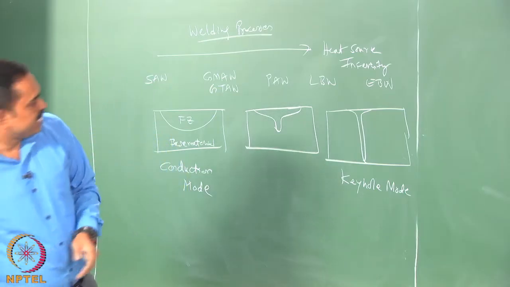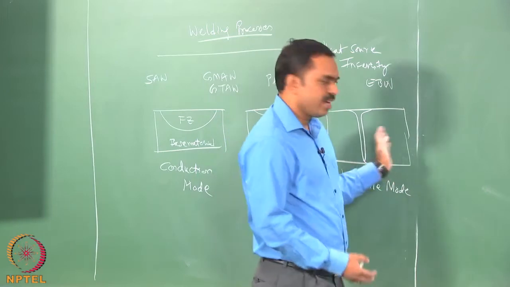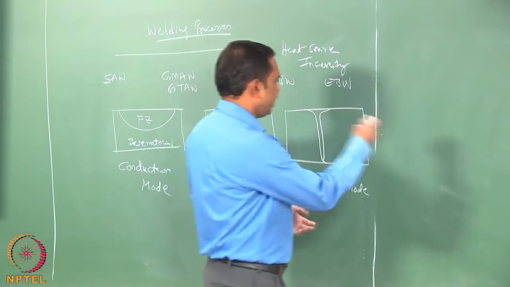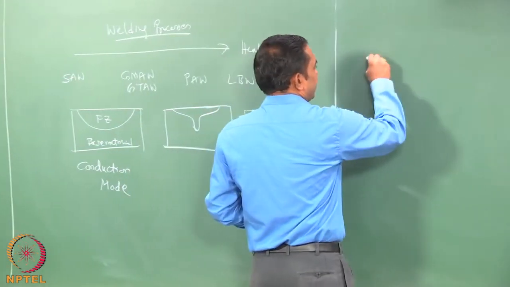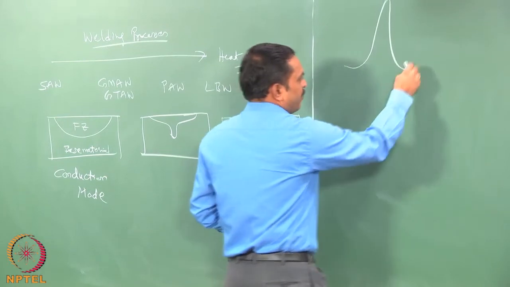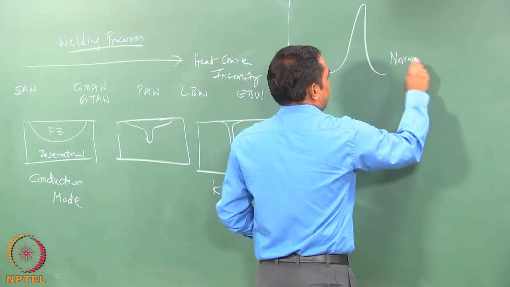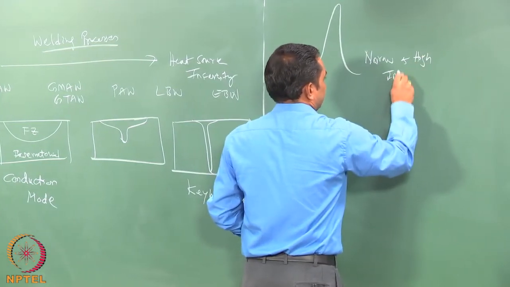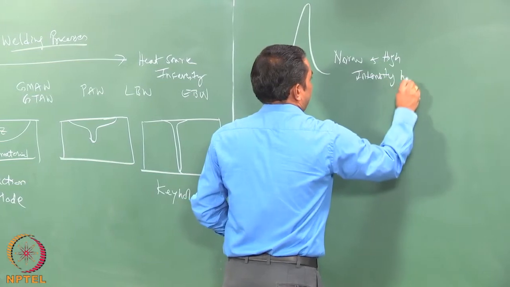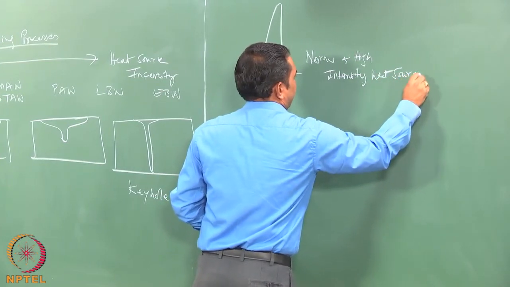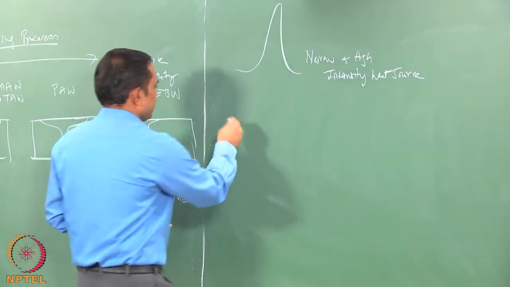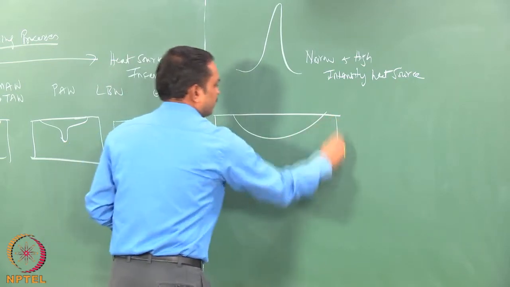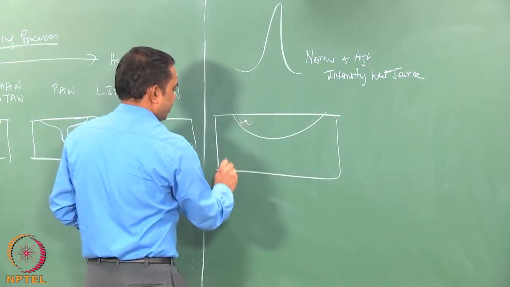So, what is the reason why this happens? That is basically a process by which, step by step, you arrive at the keyhole, and the sequence is as follows. Under a narrow, high intensity heat source, you have a weld pool initially in the conduction mode, with liquid and base material.